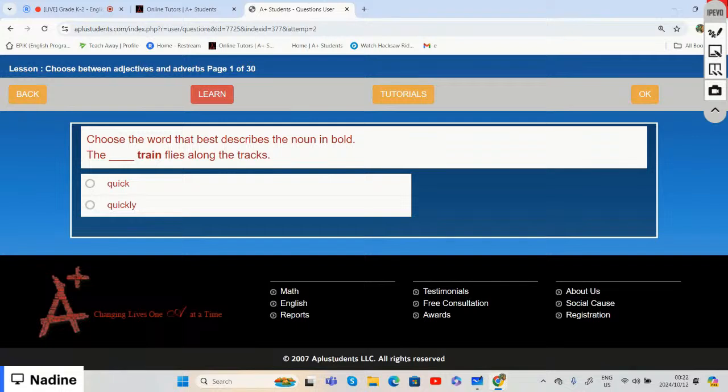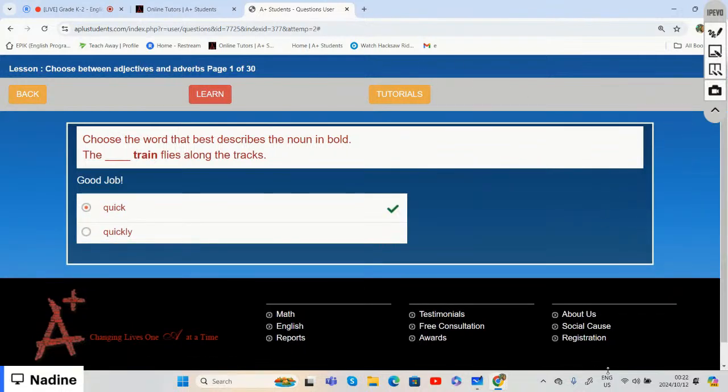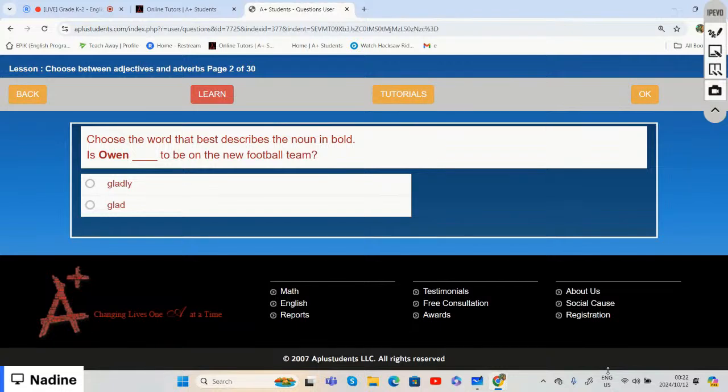All right, and if we were to choose the correct option, then we will say the quick train flies along the track. Well done. Quick is correct. Well done.